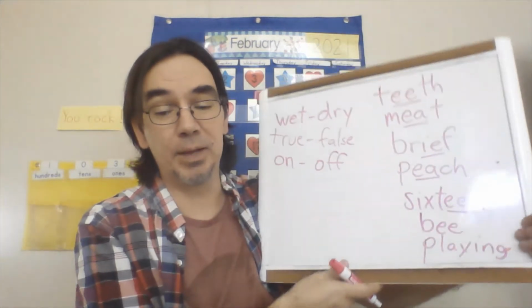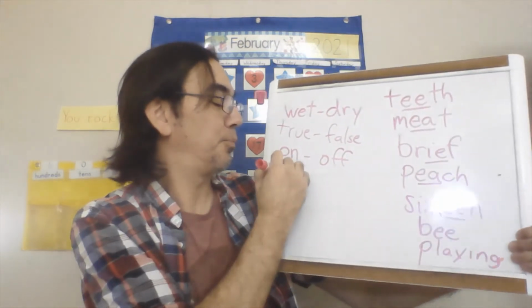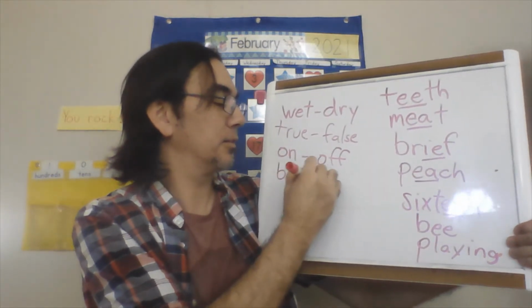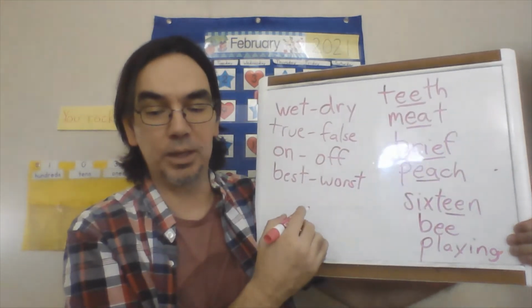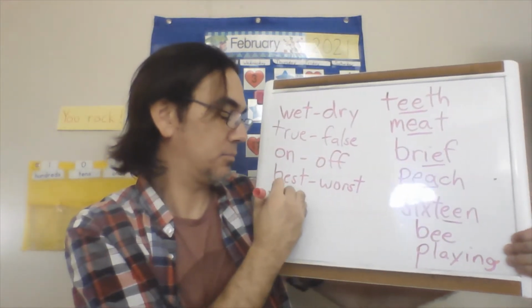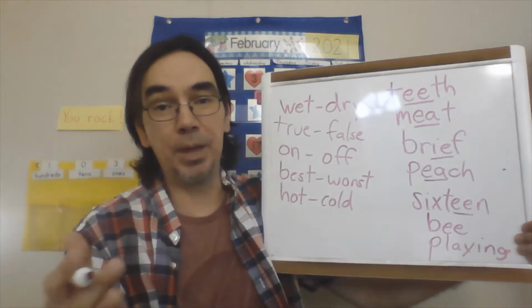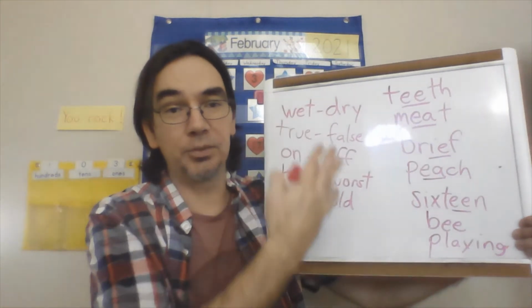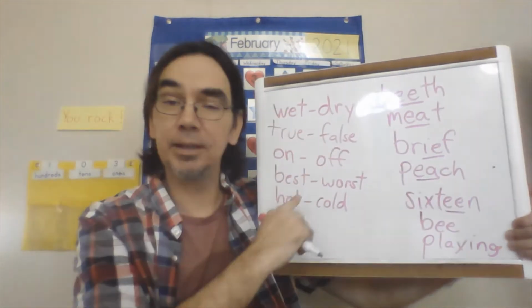Ben sent in some antonyms too, like best and worst, as well as hot and cold. Now, Ben and Eva, and Dylan, thank you for all of your contributions to our antonyms there.